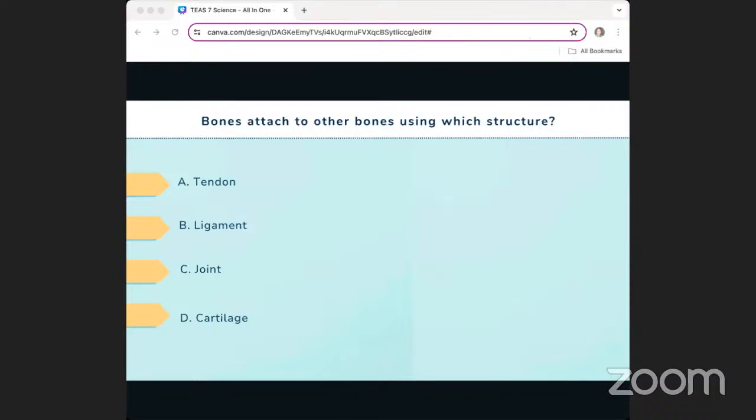Okay, bones attach to other bones using which structure?